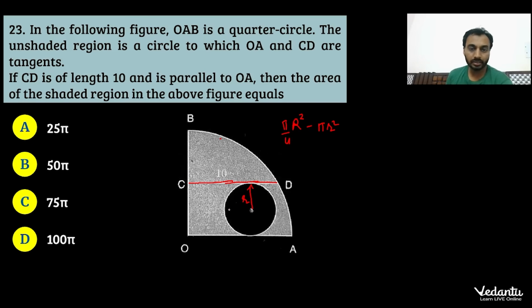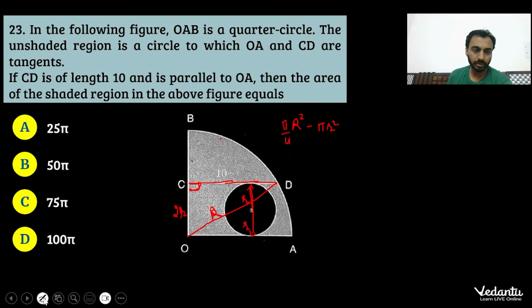Now let's see what is the relation between r, capital R, and this 10. So if we see, this height will be 2r, so we can say this OC length is also 2r. Now if we join OD, so now we have a right angle triangle here, so we can apply Pythagoras theorem here, and OD is basically R, right?